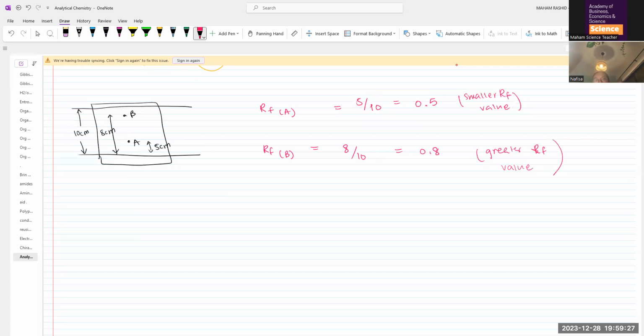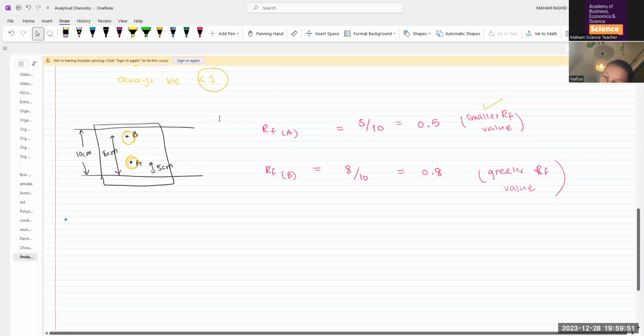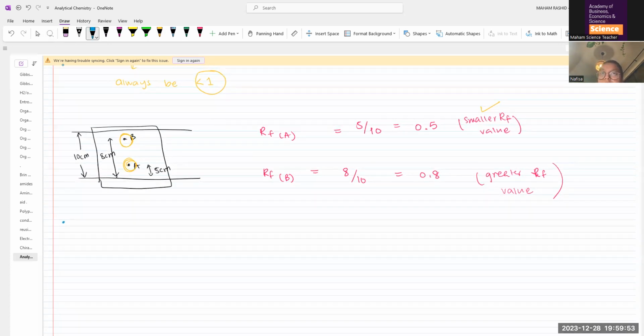Now, what do these RF values signify is they tell you how polar your component is, compared to how polar your solvent is. So the one with the smaller RF value is more polar, and we'll discuss why. First, let's write notes for this. This too is from O levels. You must be knowing that the one that travels more is more soluble, right? More soluble in the solvent that you've used.